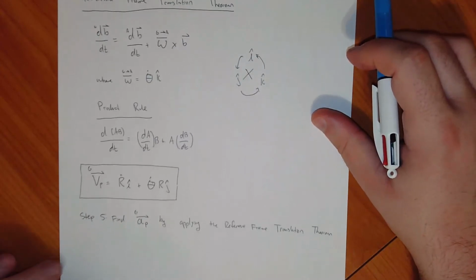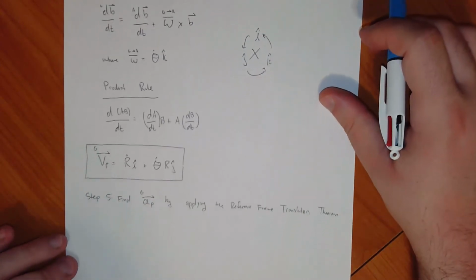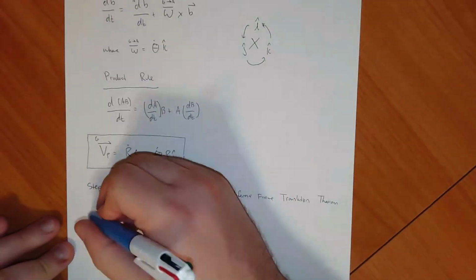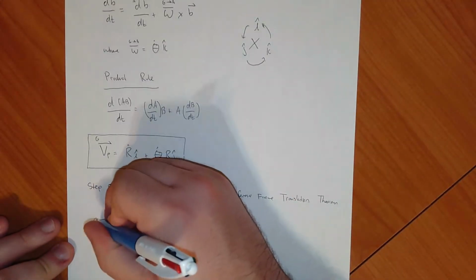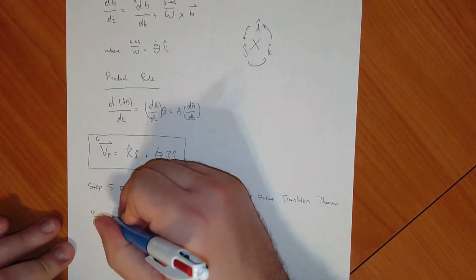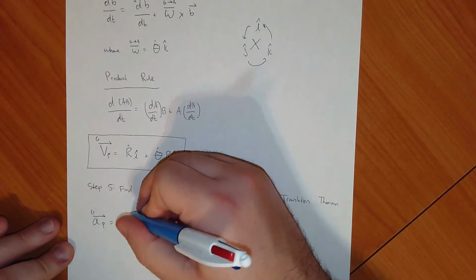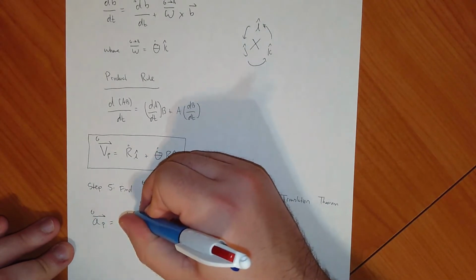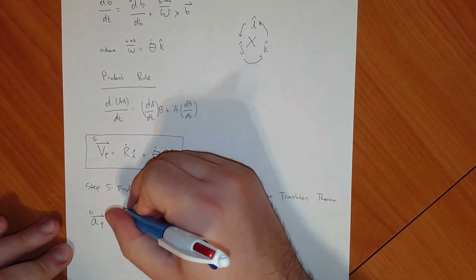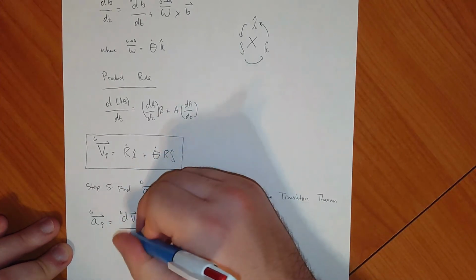Okay, so we're interested in the acceleration, and so the acceleration of this point P, which is a vector in the G reference frame, well, that's just the derivative of the velocity in the G reference frame with respect to time.